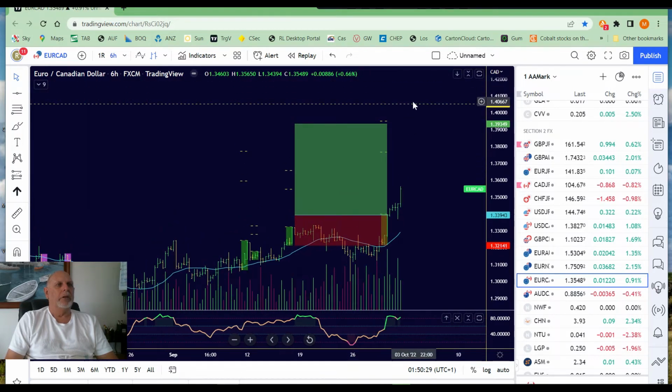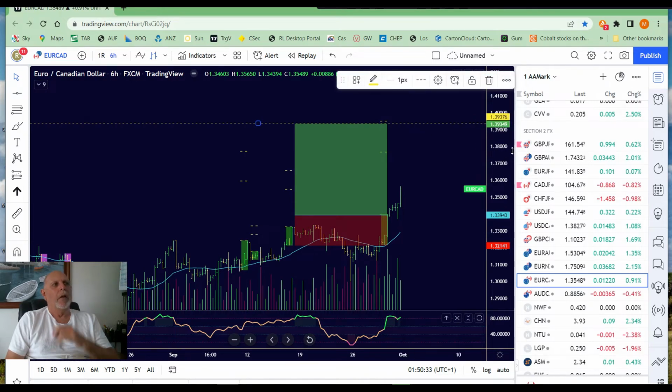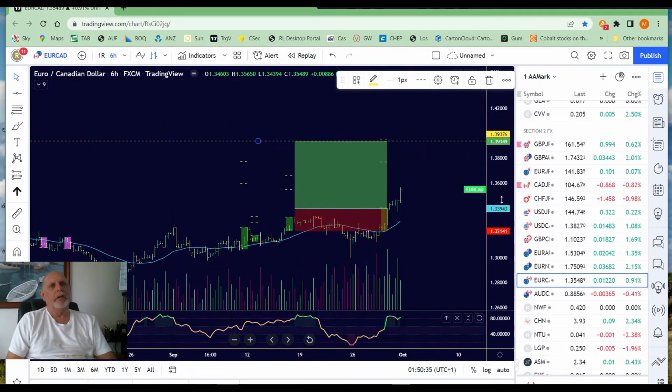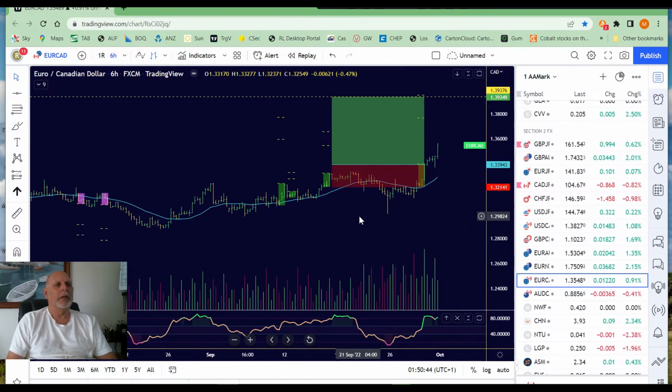That's suggesting that that's where the Euro Canadian is wanting to go. That's its target there. So that's one to keep an eye on. Still the bias of long trades while that's doing that in there.